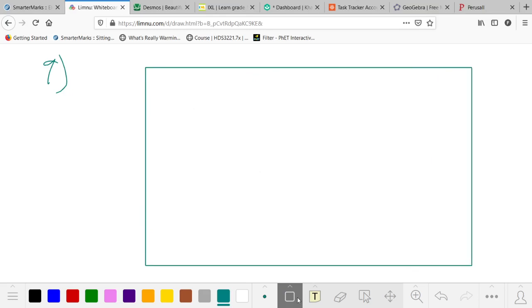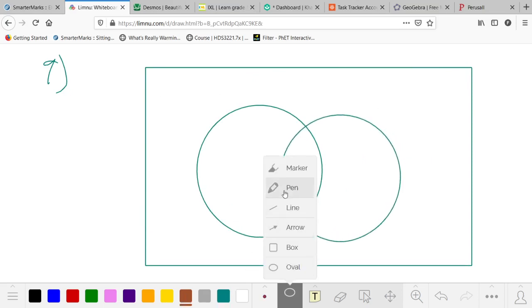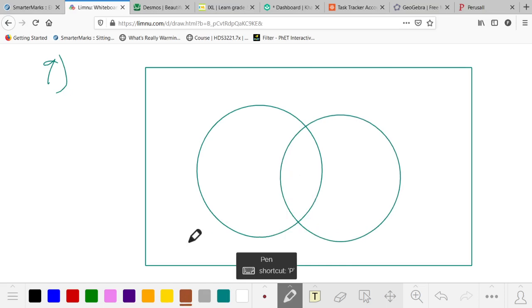Number 9. John asked 26 people at the gym if they liked to ski or swim. So we will label this one with skis and this one, well, let's make it flippers for the swimming.